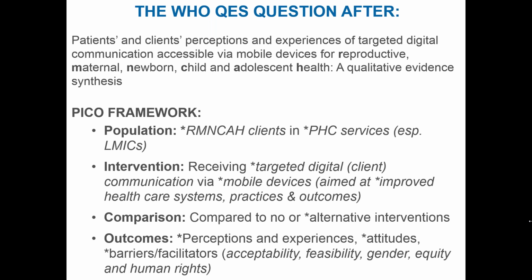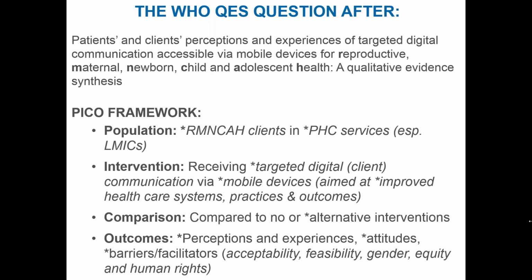And what were we comparing it to? We were comparing it both to absence of digital health communication systems, but also possibly alternative interventions, such as phoning people to improve their adherence to visits, or giving them reminder slips. And the outcomes were perceptions and experiences, which included attitudes on various things, and barriers and facilitators that they might have identified in terms of their views of such a form of communication.